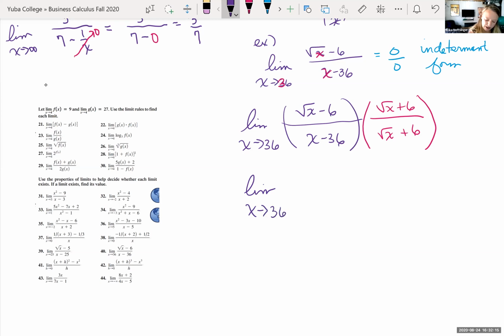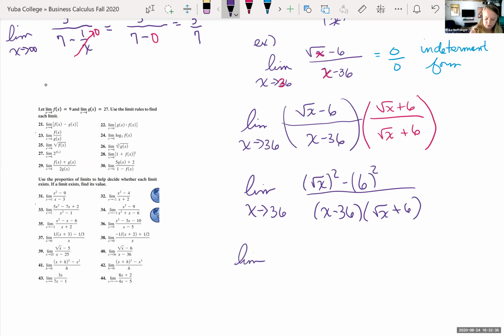So if I just square my square root of x, minus I just square my 6, all over my denominator, I'm just going to leave it in factored form, x minus 36, that quantity all times the quantity square root of x plus 6. So squaring square root of x, I get x, minus squaring 6, I get 36, all over x minus 36 times square root of x plus 6.